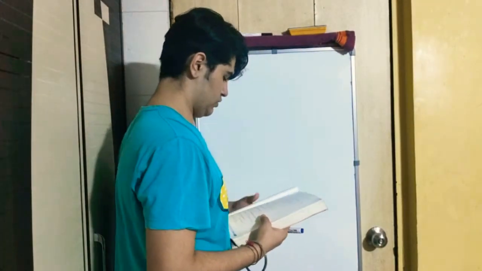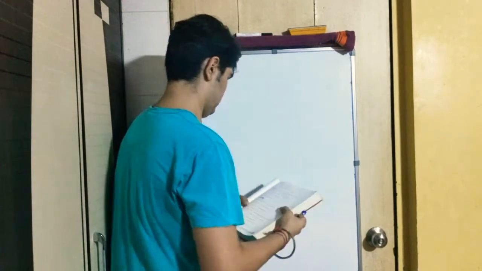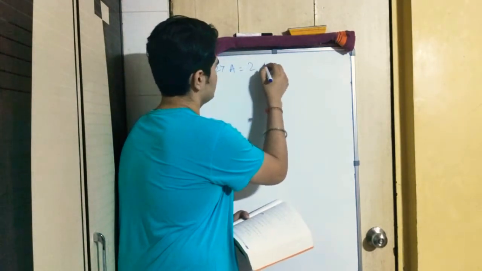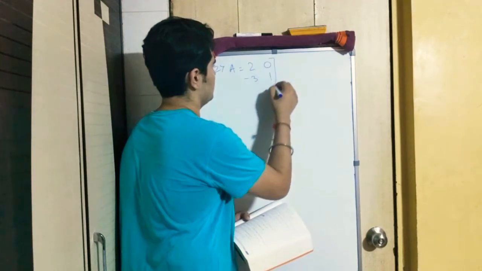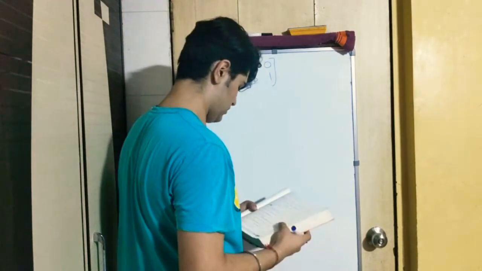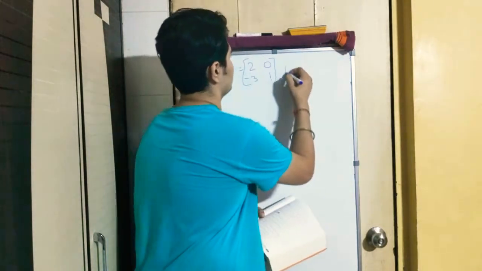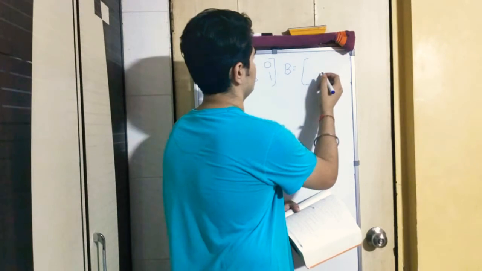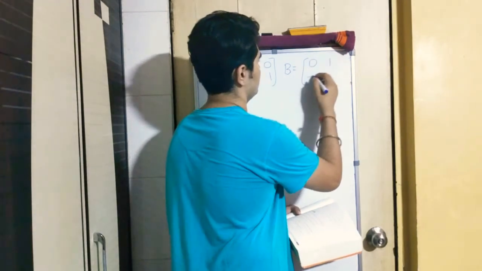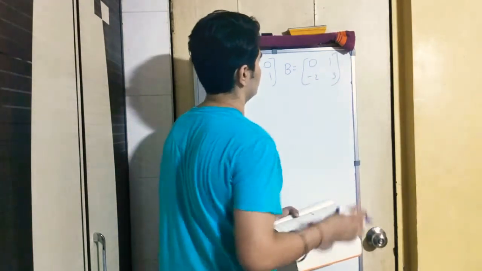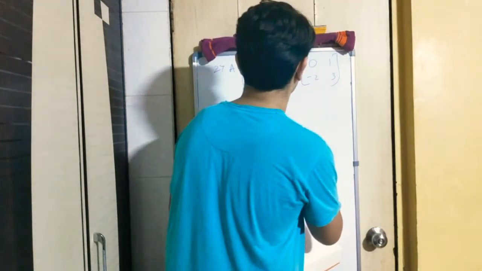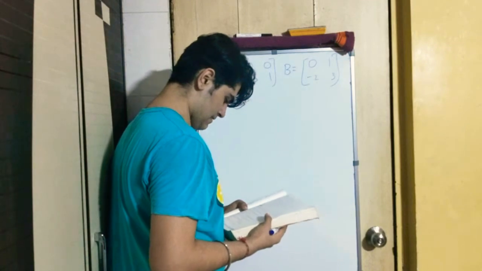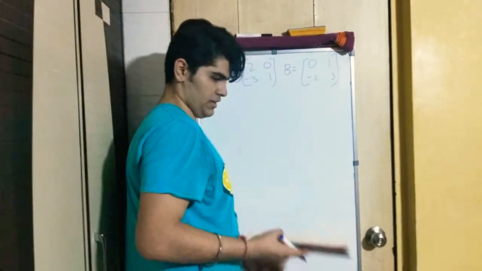If A is equals to 2, 0, minus 3, 1, and B is equals to 0, 1, minus 2, 3, then find 2A minus 3B.